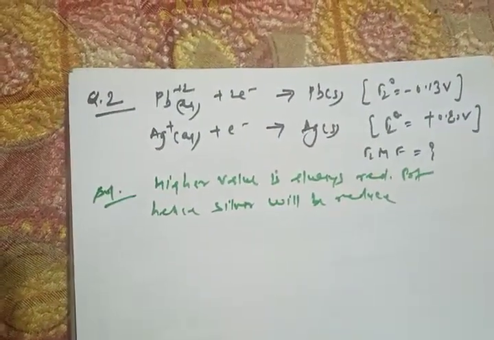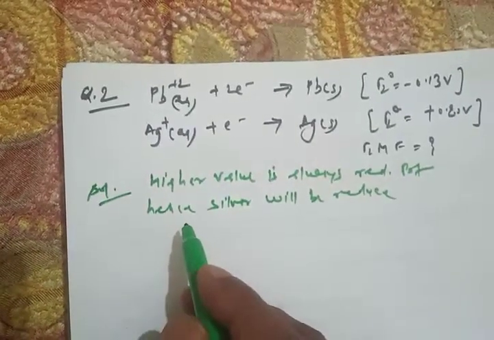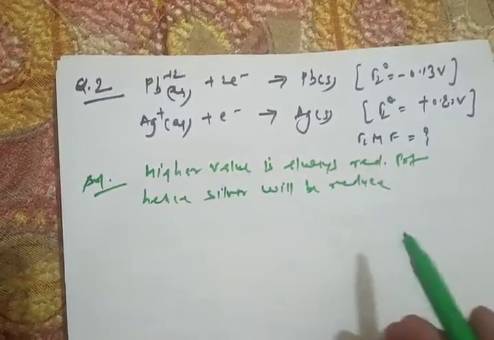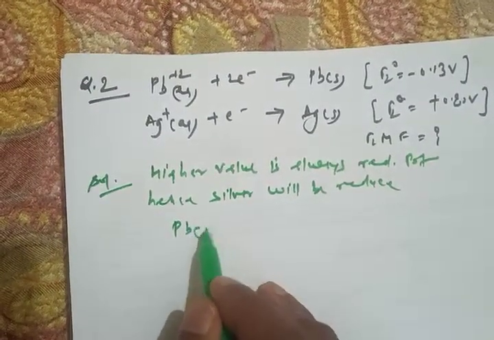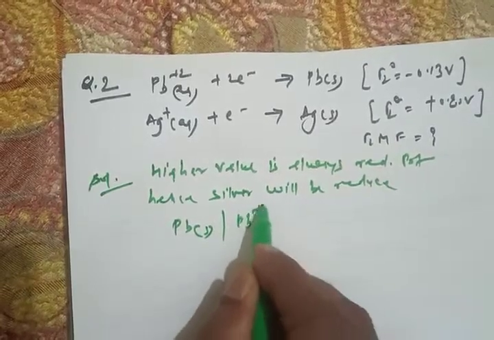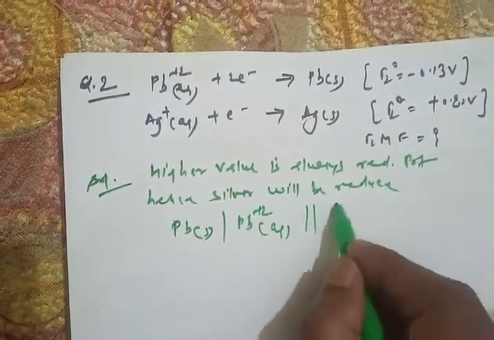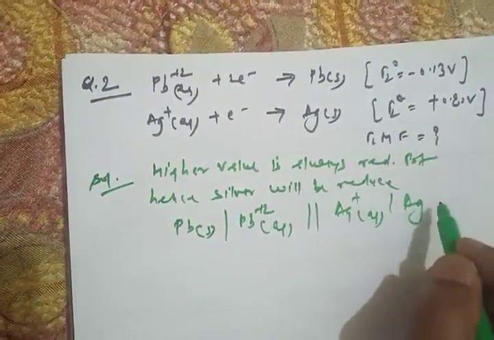Got it? So we will first draw the schematic representation of the cell. In the cell, reduction is of silver, so this reduction is on the right hand side. On the left hand side is the oxidation: Pb solid with Pb plus 2 aqueous, then the reduction, that means Ag plus aqueous to Ag.